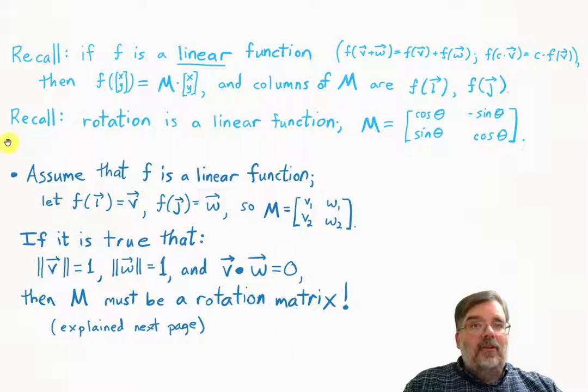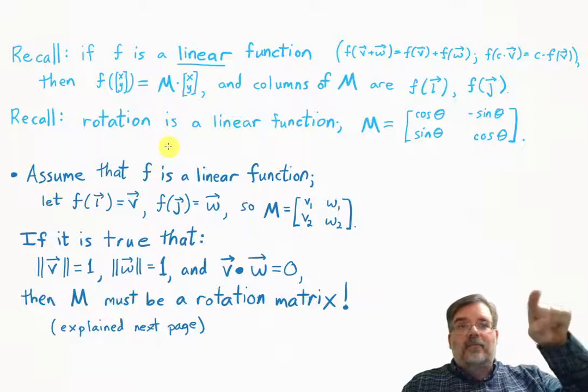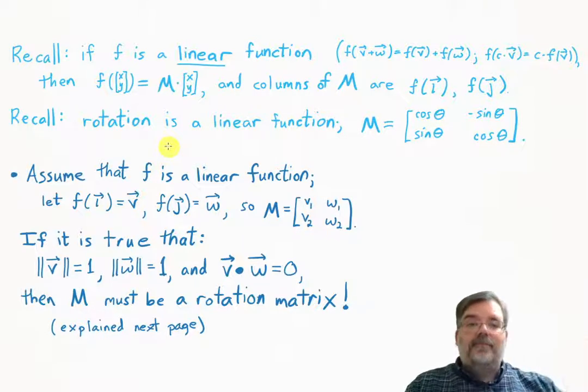Another thing that we learned, we spent some time talking about rotation matrices. And rotation is a linear function as well. You can write rotation using matrix multiplication. And by rotation, I mean we're rotating the points around the origin in the plane.